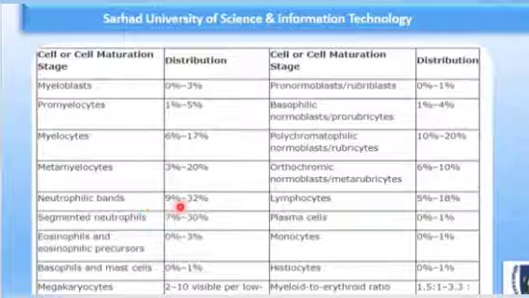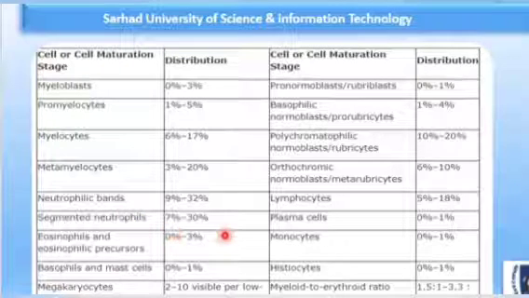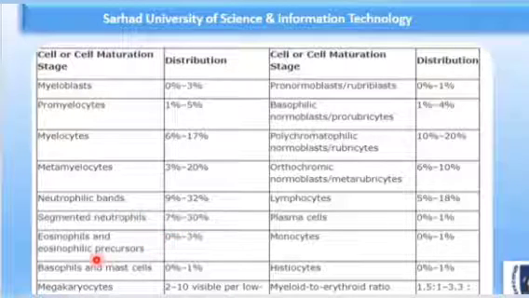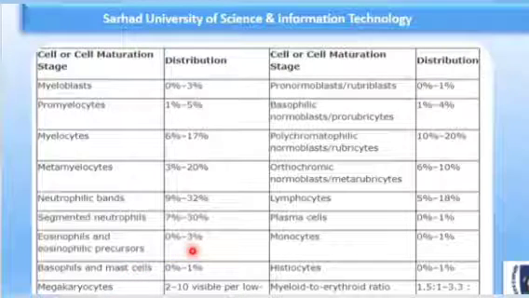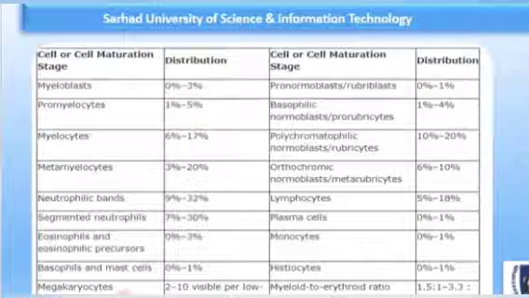Band neutrophils are normally present at 9 to 32%, whereas segmented neutrophils are 7 to 30%. Similarly, eosinophils and eosinophil precursors are 0 to 3%. Basophils and mast cells are 0 to 1%. Megakaryocytes are 2 to 10 visible per low power field.